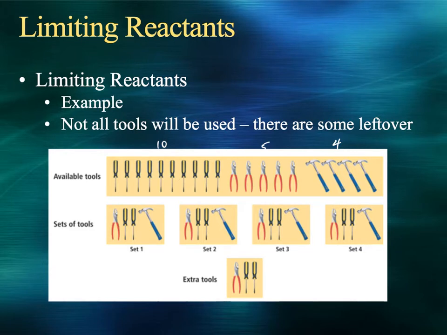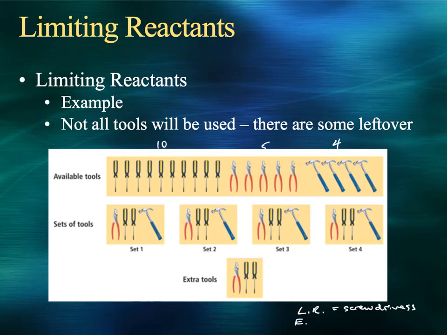Our limiting reactant is the thing that determined how many sets we can make. Well, what limited here was the fact that we had 4 screwdrivers. We didn't have a 5th one. If we had a 5th one, we could complete this. So the limiting reactant in this situation is the fact that we only have 4 hammers.